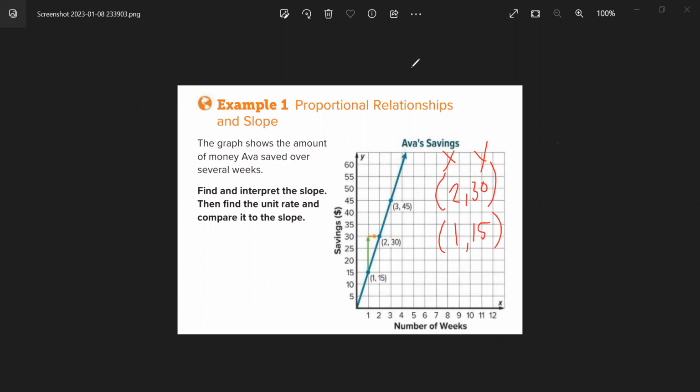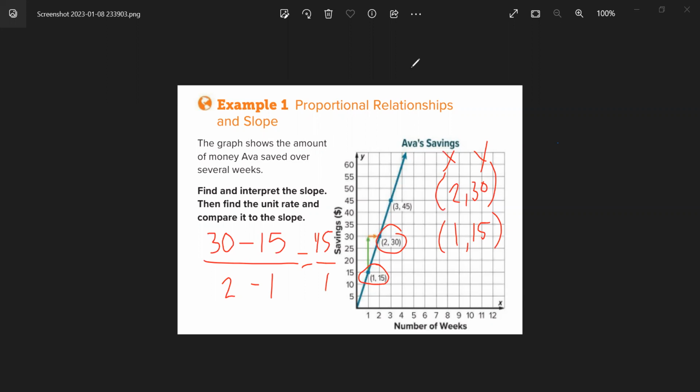So the change is 30 minus 15, divided by 2 minus 1. That means we will have 15 over 1. This is my slope, 15 over 1, or 15.